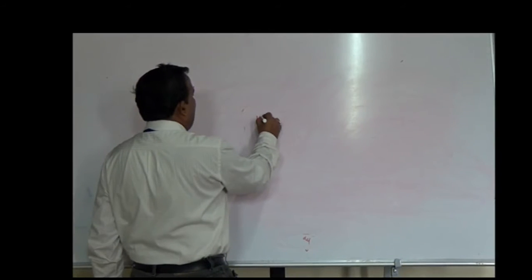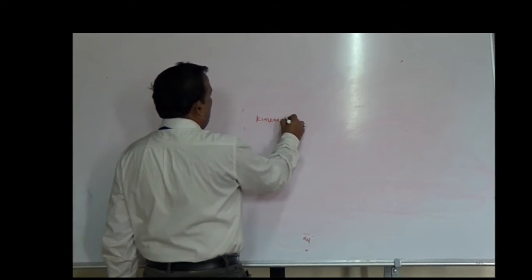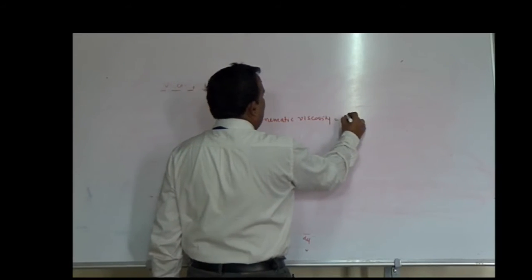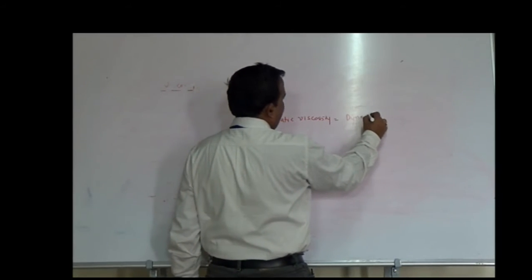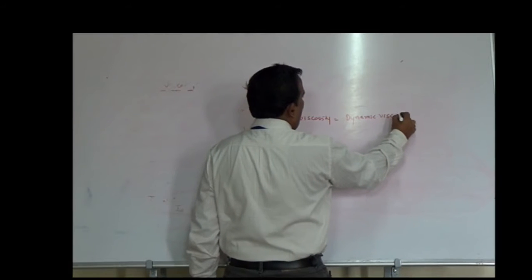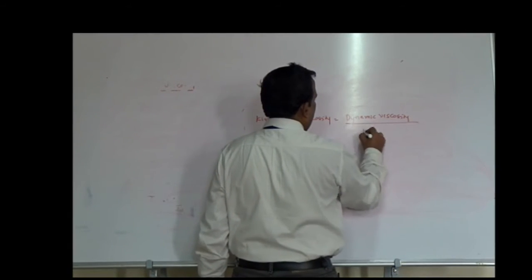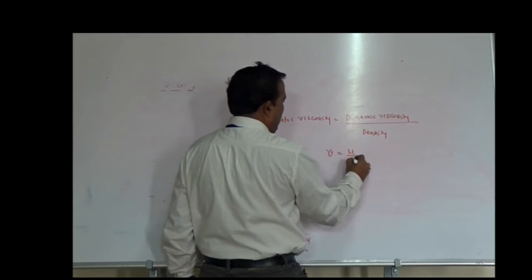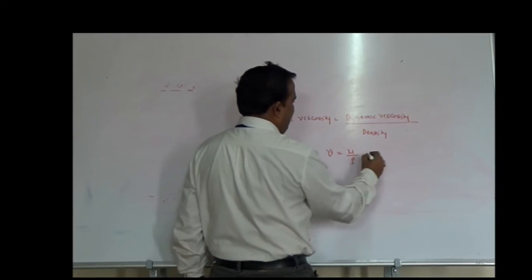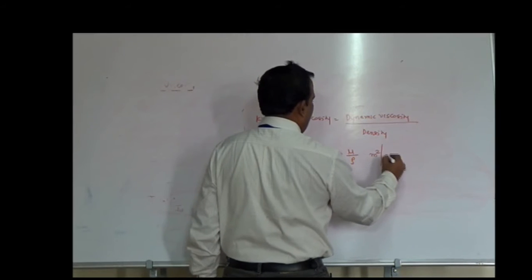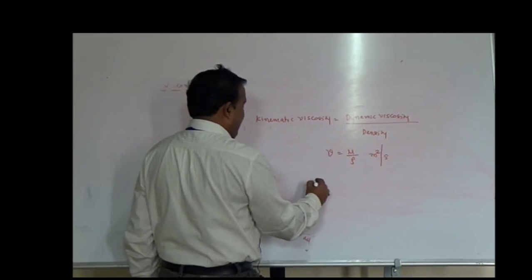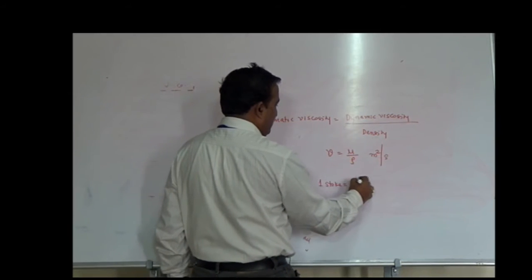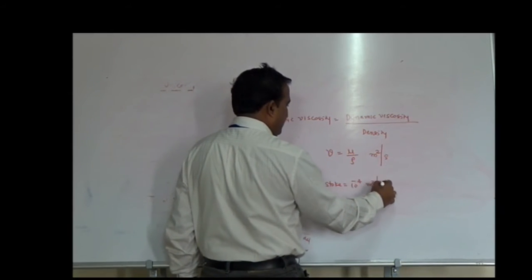Kinematic viscosity is equal to dynamic viscosity divided by density, so kinematic viscosity is equal to mu by rho. If you see the unit, it is meter square per second. But in the MKS unit, one stroke is equal to 10 to the power of minus 4 meter square per second.